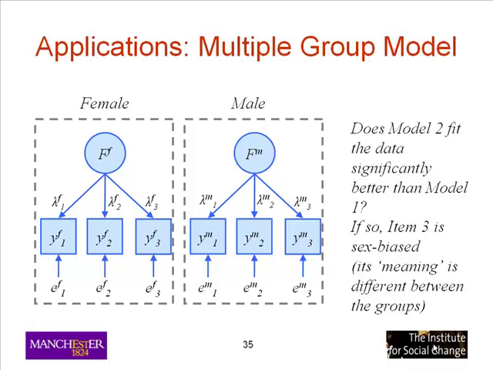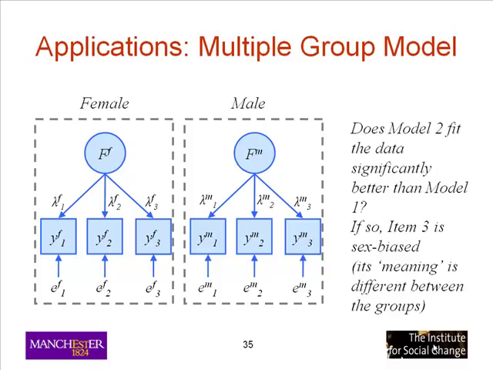And if they're significantly different, if model 2, where the loading was free, fits the data significantly better than model 1, then allowing these two loadings to differ means that this item has got some relationship with sex, and the strength of relationship between the factor and the item is different in those two groups. So in effect, it means something different to those two groups. So we've used sex here.